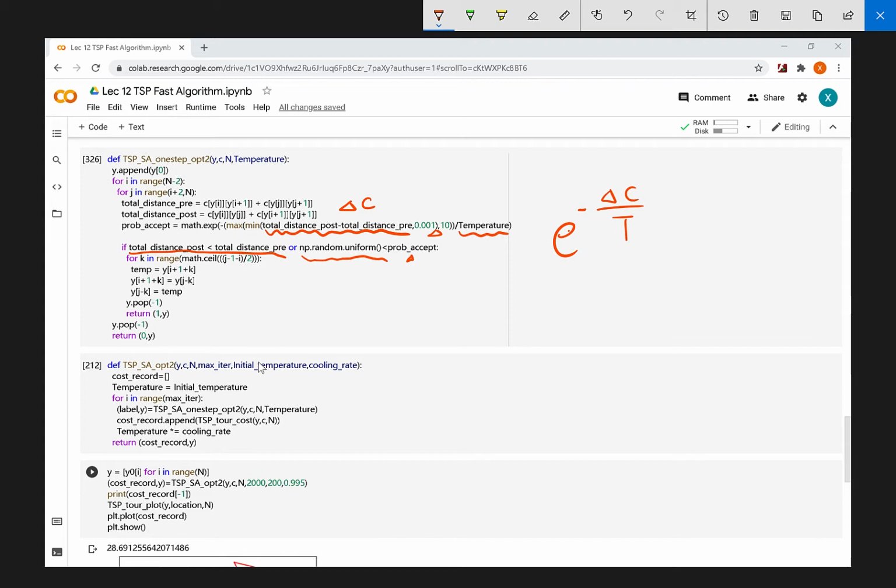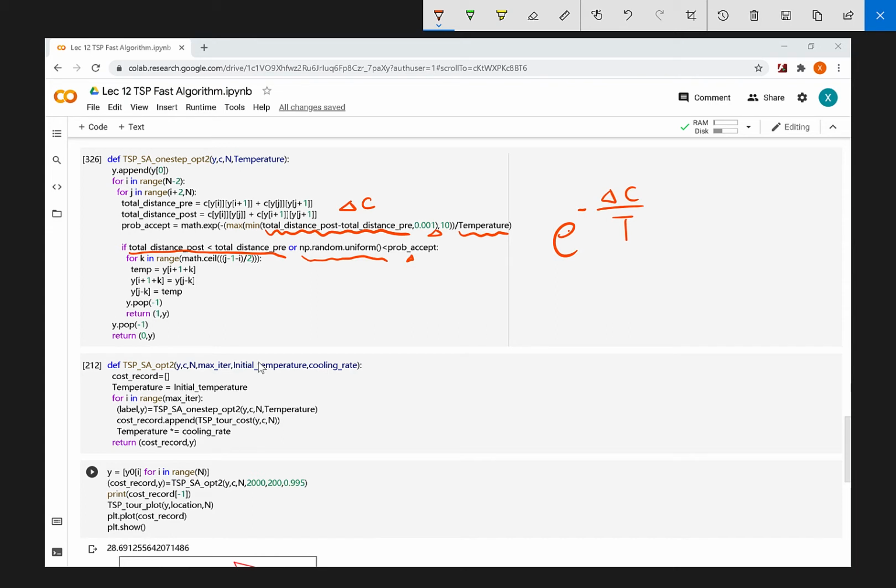So if we randomly generate the value, we have a small chance of e to the power of minus distance difference divided by temperature to accept the operation even when the difference after the swap is positive.